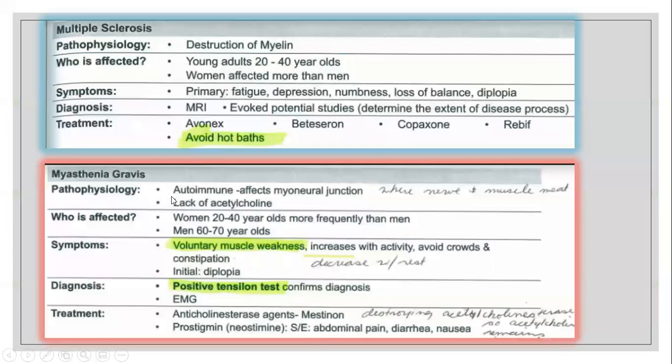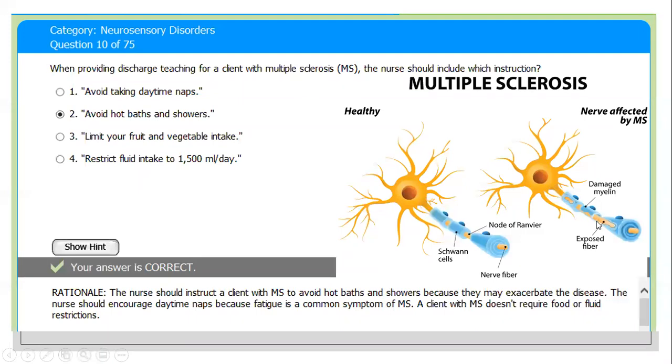The second page here shows a few important notes that every student must know for NCLEX. Multiple sclerosis, pathophysiology: demyelination of myelin. Like this is called demyelination, exposure.